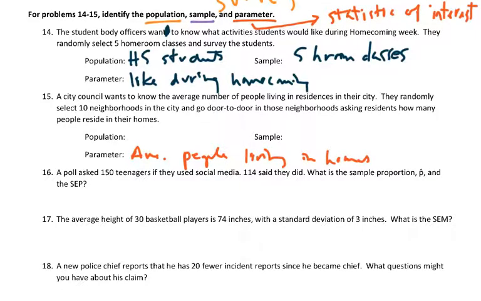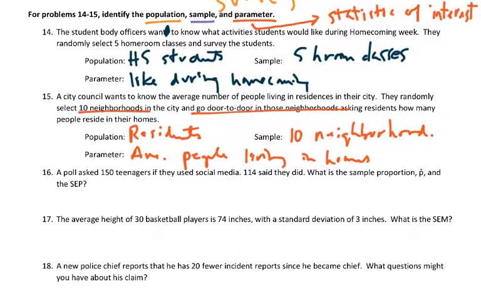That's our statistic of interest, our parameter. The population would be the residents, right? The city, the people living in the city. And the sample are those 10 neighborhoods when they go door to door to those houses. Okay, the 10 neighborhoods they actually visit. That's our sample. All right?